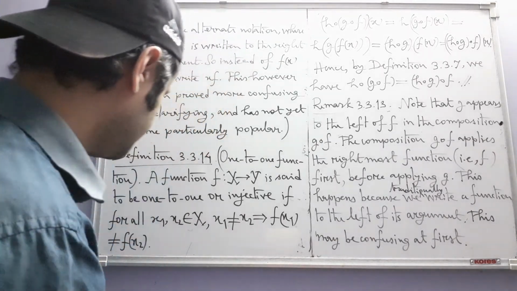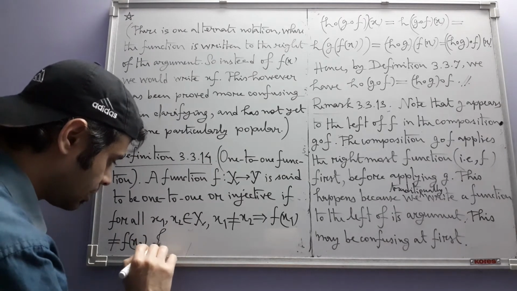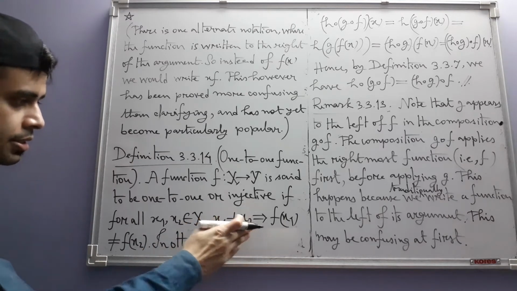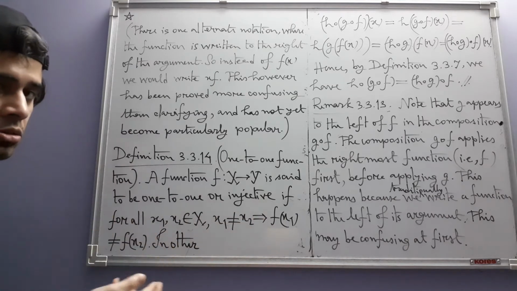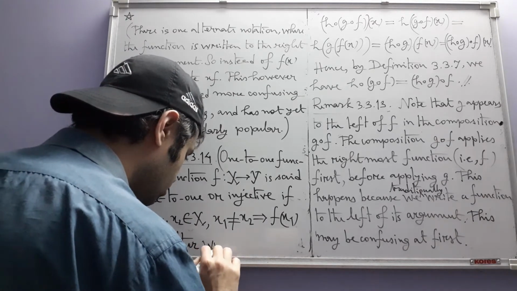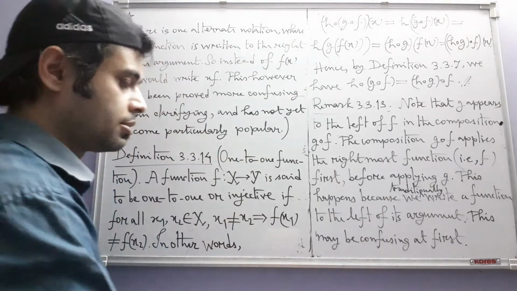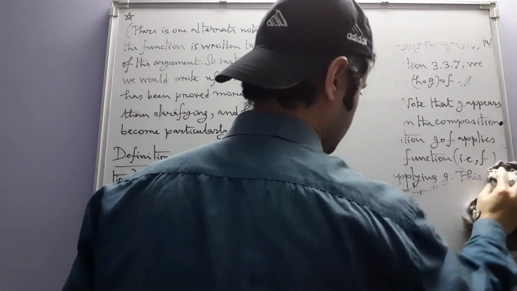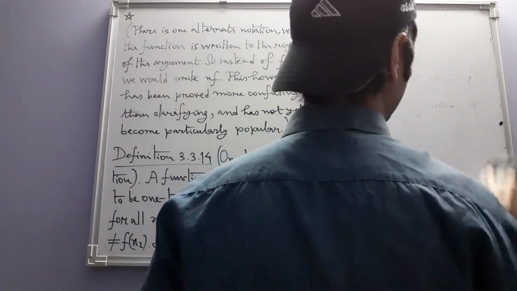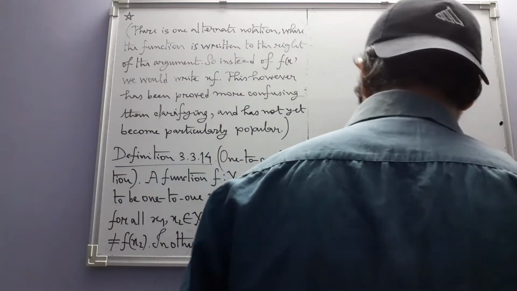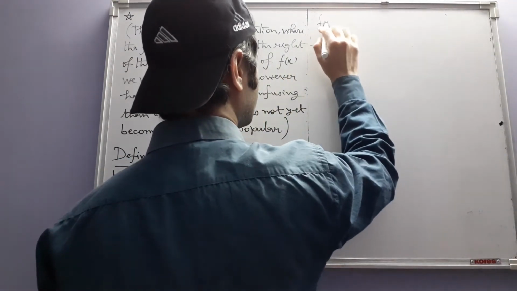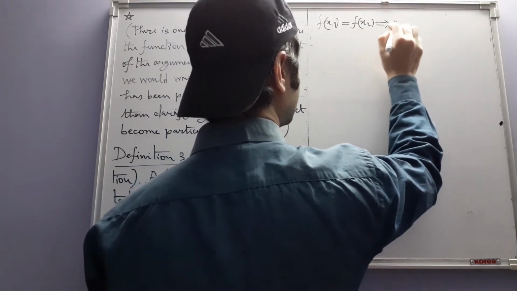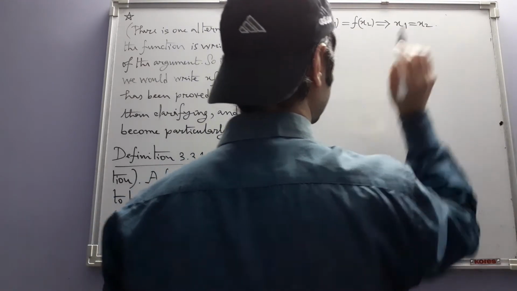Or in other words, the same condition can be written in a different way. Since this is an implication, instead of writing this, I can write its contrapositive also. f(x1) equal to f(x2) implies x1 equal to x2.